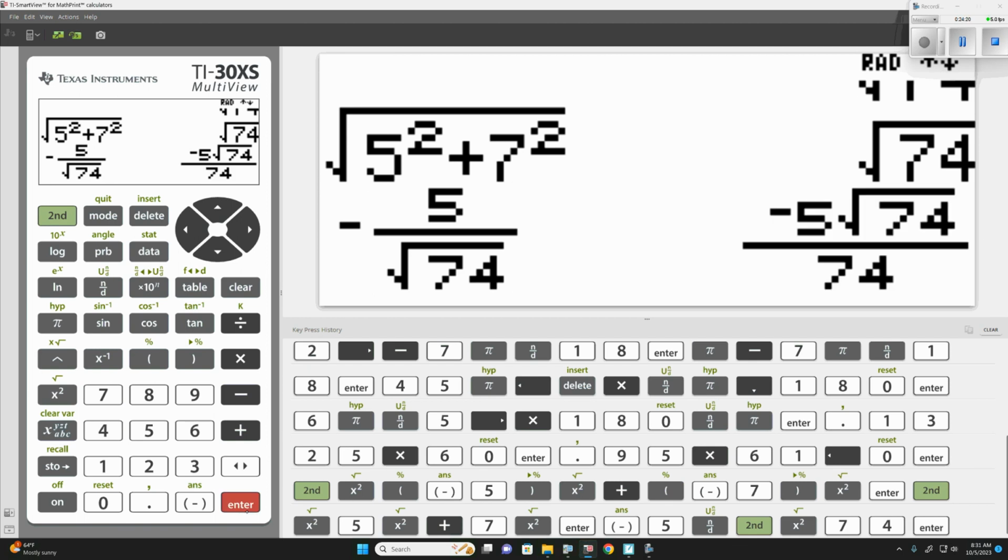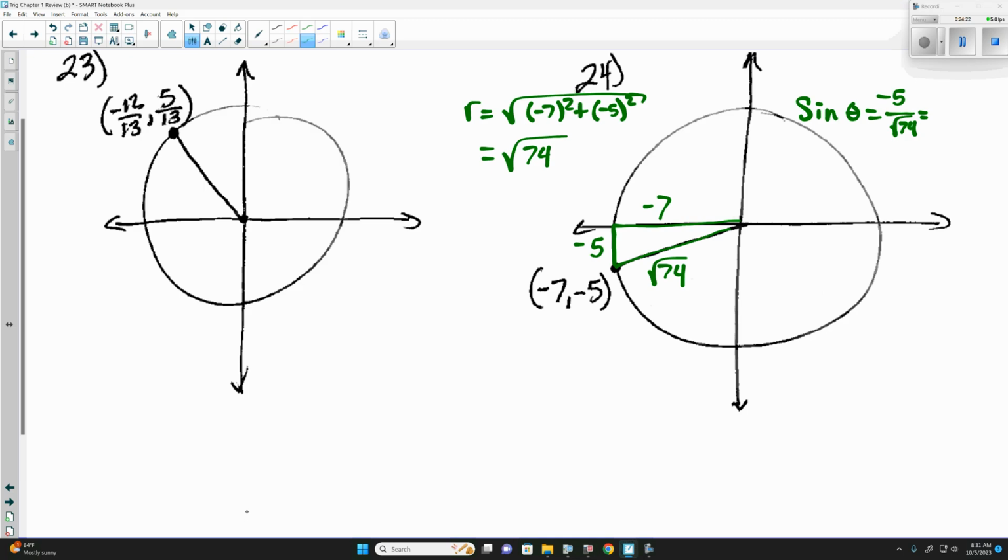We get this here. Cosine is adjacent over hypotenuse, -7 over the square root of 74.